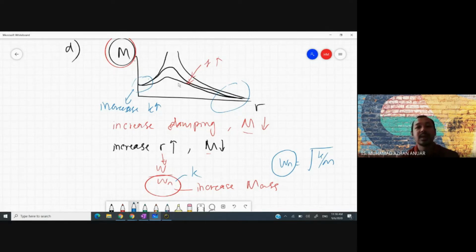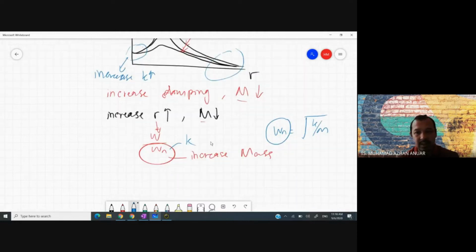Using this equation, if you increase the K value, you get a bigger magnification factor, because your R is going to be lower. So be careful. When your R is going to be lower, M is going to be higher.